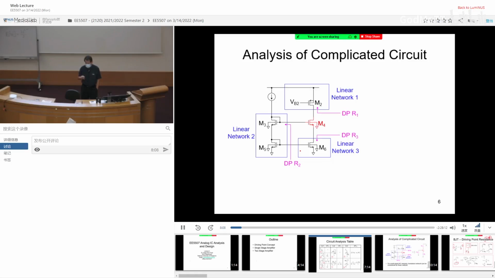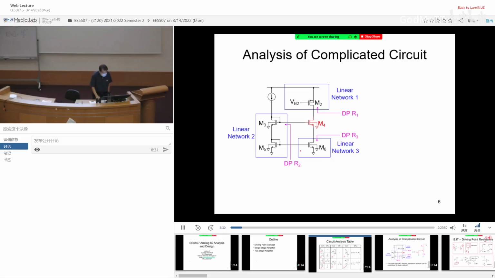So this is the centerpiece. If this is the centerpiece, all the surrounding ones are supporting actors or actresses, right? They are playing a supporting role. Do I need to replace them with the hybrid pi model of the transistor and start deriving the detailed equations? We don't have to, because we already tabulated the result.